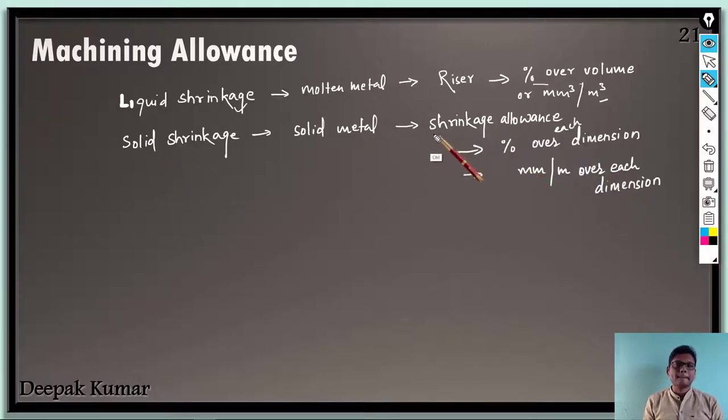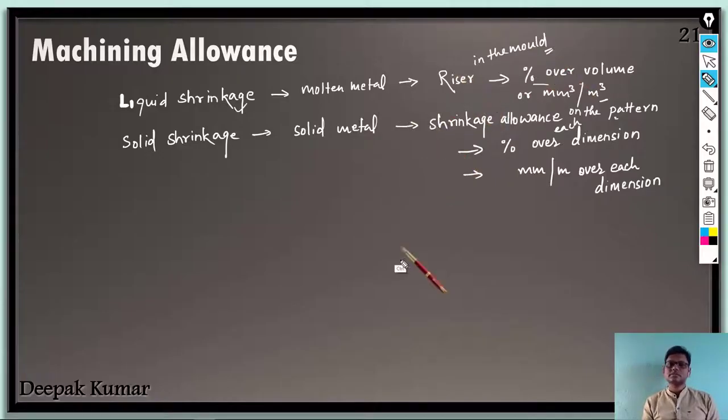Solid shrinkage is compensated by providing shrinkage allowance on the pattern, so we add it on the pattern, but the riser is provided in the mold. While making the mold, we provide the riser.